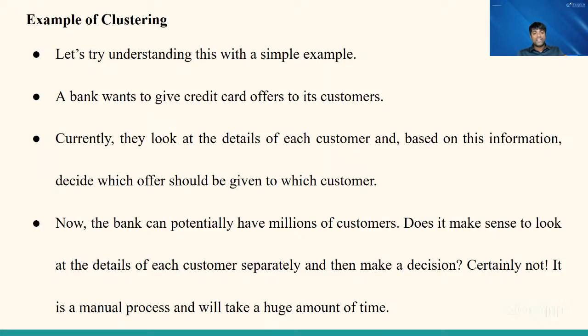Currently, they look at the details of each customer and, based on this information, decide which offer to give to which customer. Banks do some analysis and understand which kind of customer requires which kind of credit card. When we say which kind of customers, we are using the word kind, and that is what the grouping is all about.